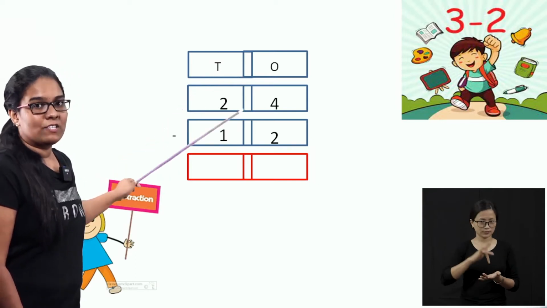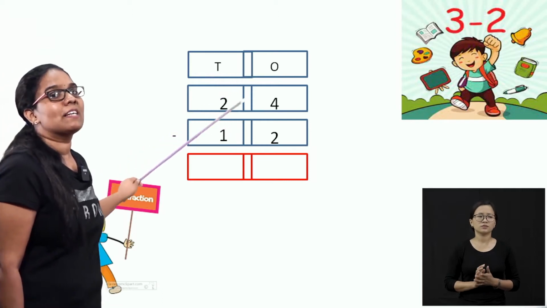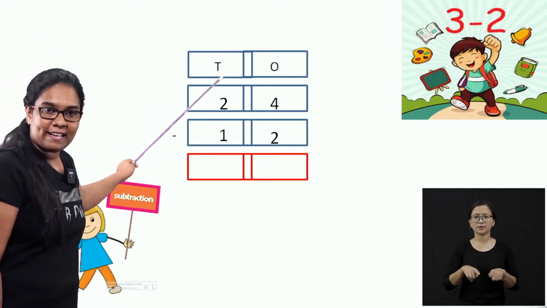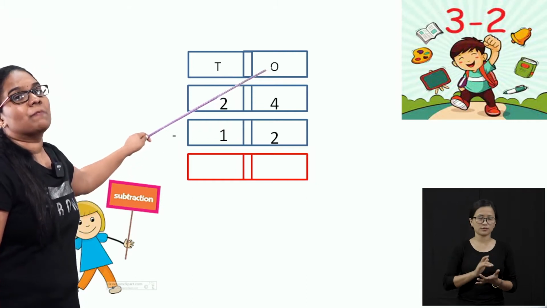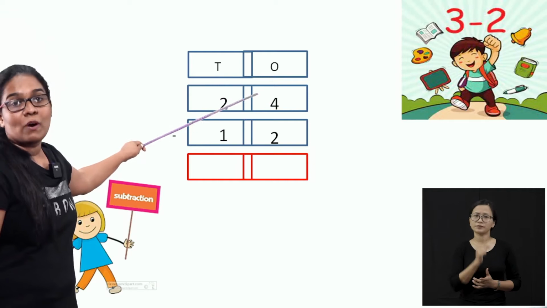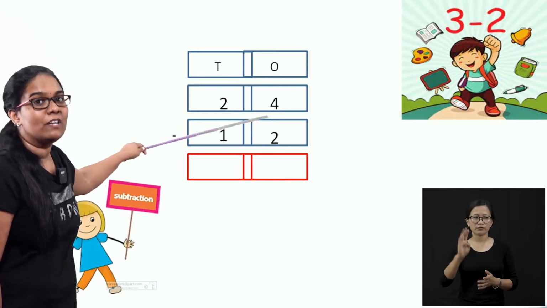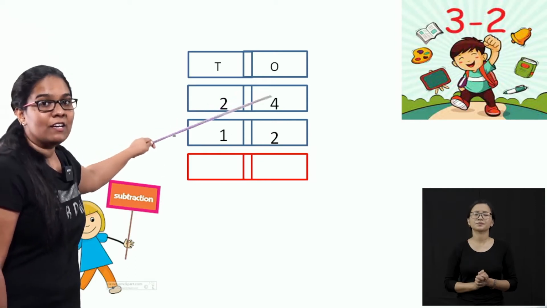Then 12 is also a two-digit number. 2 is in the ones place and 1 is in the tens place. First, we have to subtract the numbers in the ones place. What are the numbers in the ones place here? Yes, 4 and 2.